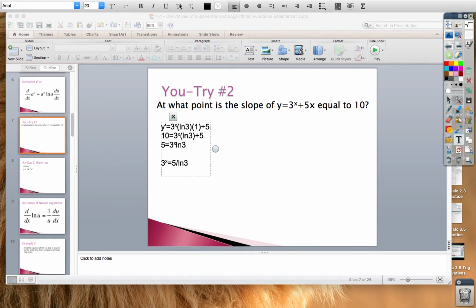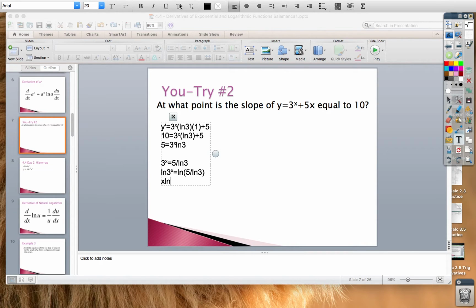Now we're going to take the natural log of both sides, because that's the inverse of our exponential, and we're left with ln 3 to the x equals ln of 5 divided by ln 3.